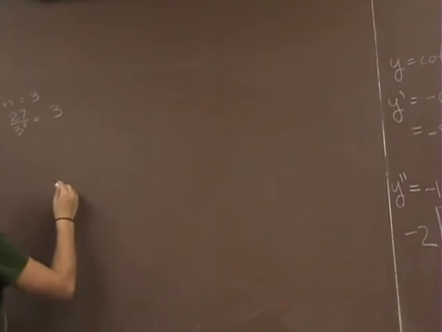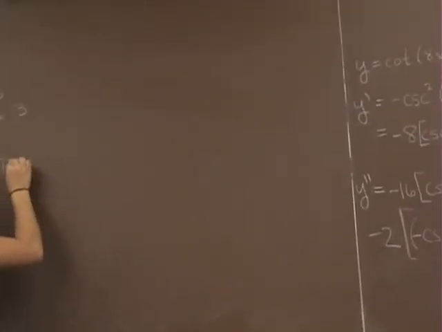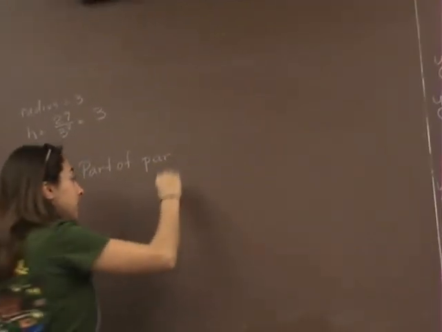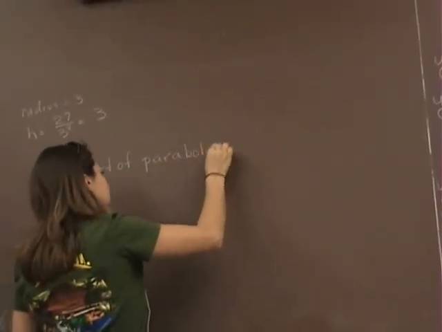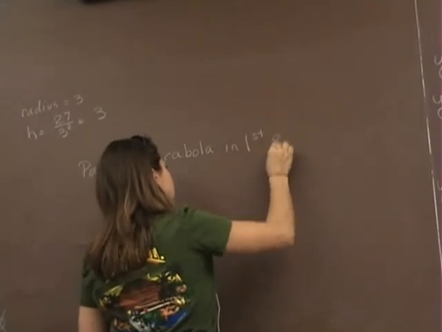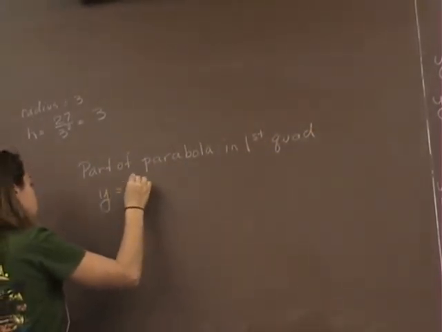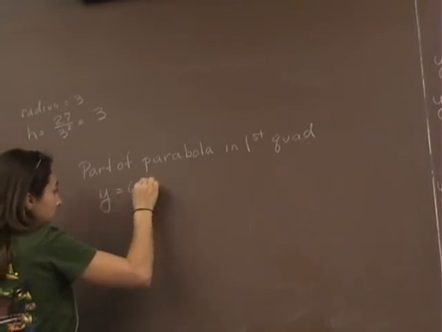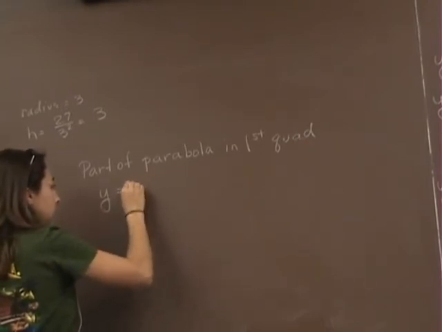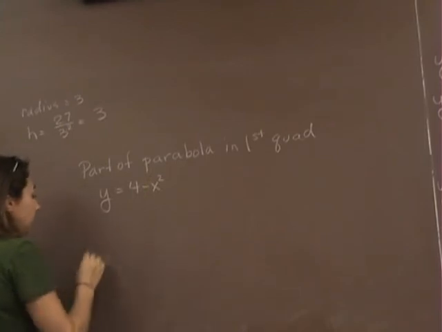Okay, so let's take part of the parabola in the first quadrant, given by y equals, let's make it nice, 4 minus x squared.